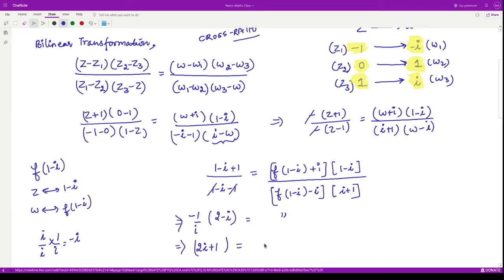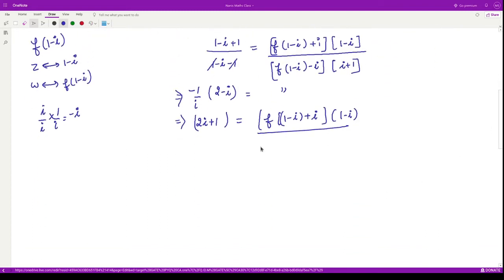So this thing is equivalent to writing, this thing is same. So it would be f of 1 minus iota plus iota, right, multiplied by 1 minus iota, and then we can divide by the same term f of 1 minus iota minus iota multiplied by iota plus 1. So now we can shift these two factors on the left hand side.